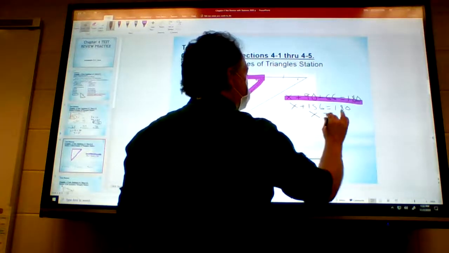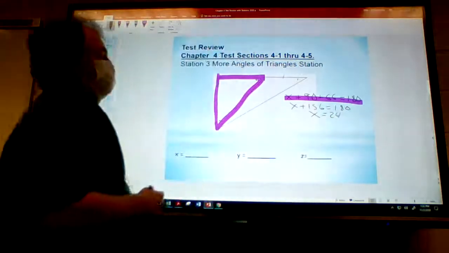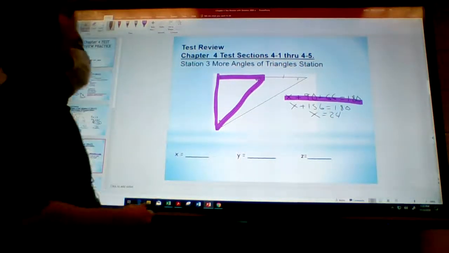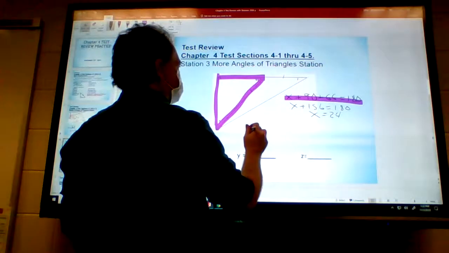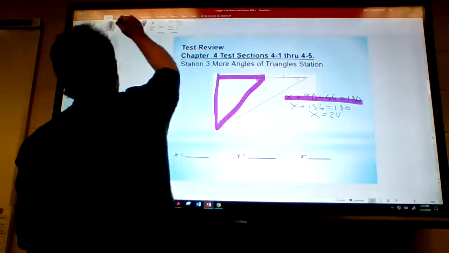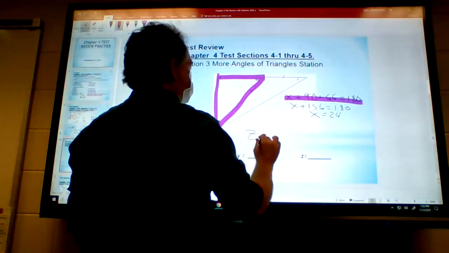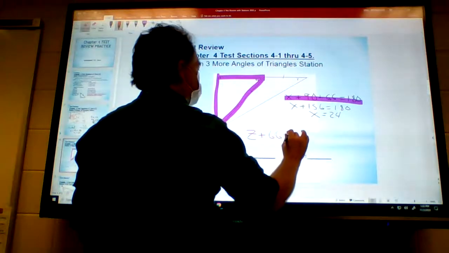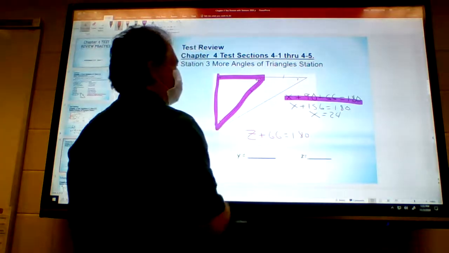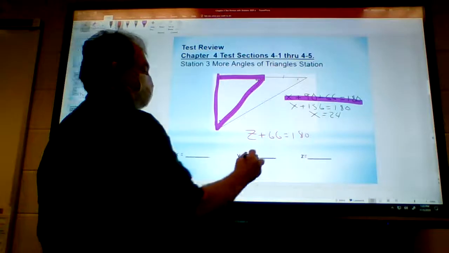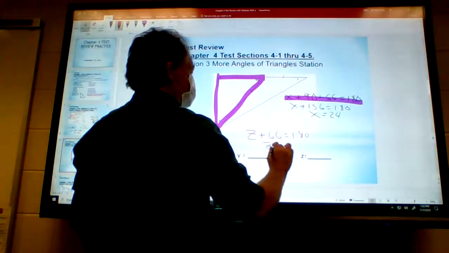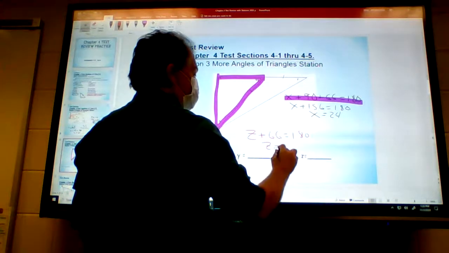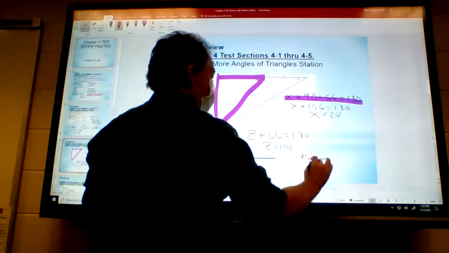So x equals 24. I'm just doing some quick math here for you. All right, now z plus 66 equals 180. So z is going to be 114 degrees.